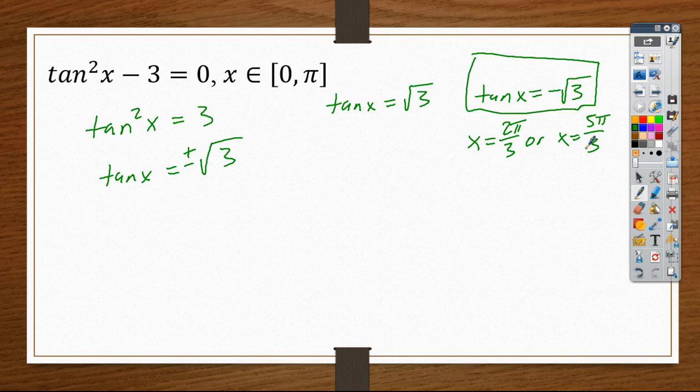Well, again, it's going to be all the ones where sine is equal to square root of 3 over 2, where tangent is positive. So that's in quadrant 1, when x is equal to pi over 3. And then in quadrant 3, when x is equal to 4 pi over 3. And those are my 4 answers.